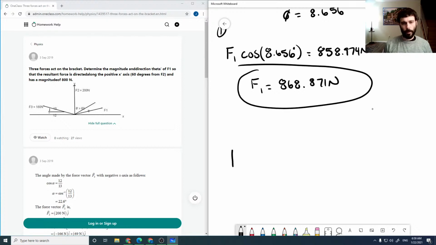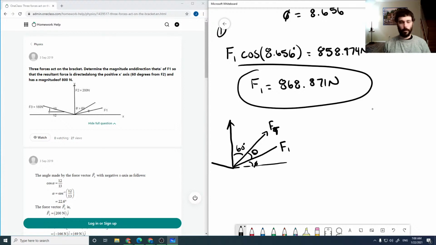If we look at the figure though, there's my 60 degrees. It wanted this theta, between F total and F3. And so we just calculated this angle. And so then recognizing that that's a 90-degree angle, so 60 degrees plus theta plus phi is equal to 90.